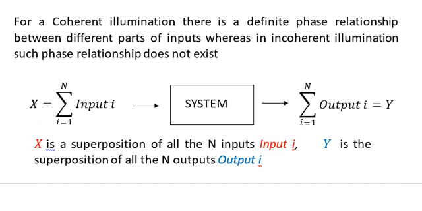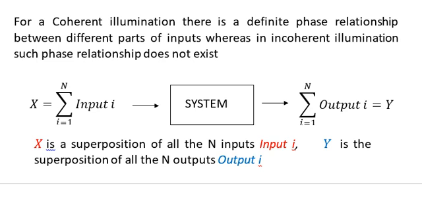Now for a coherent illumination, there is a definite phase relationship between different parts of the inputs, whereas in incoherent illumination, such a phase relationship does not exist. So for a given input, the different points in the input have a specific phase relationship between them. Such a system is called a coherent system. And if there is no such relationship, then we say that the system is incoherent.